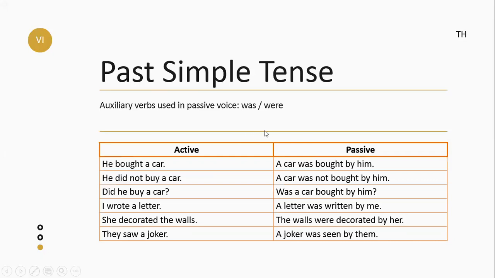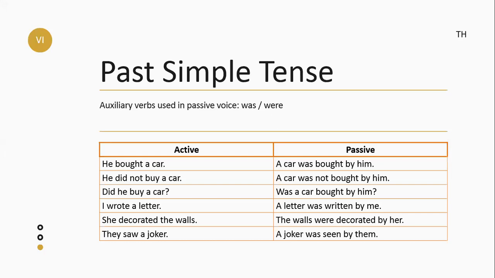So first of all, we have discussed the present tenses and how we are to make the passive voice in it. Okay, so then afterwards we are going to move on to past tense.